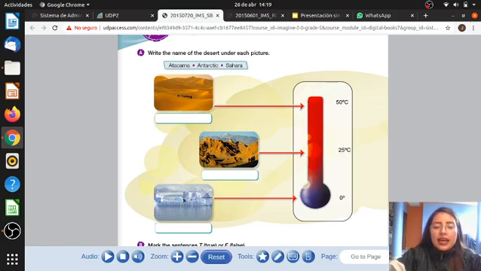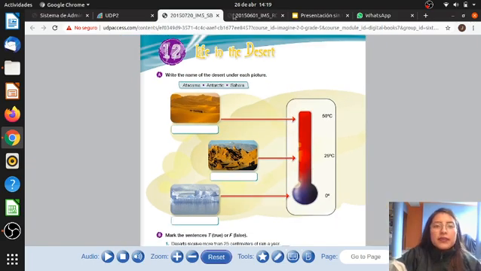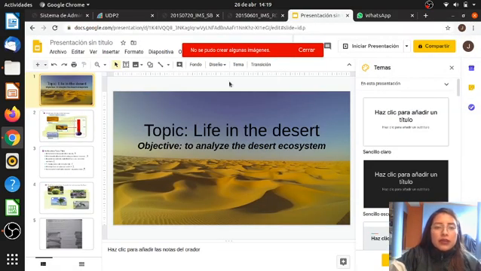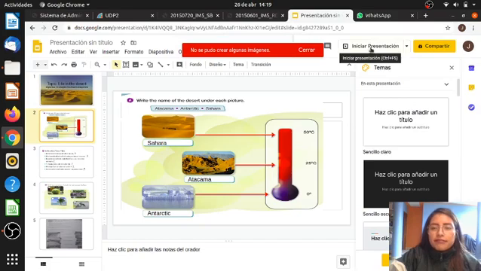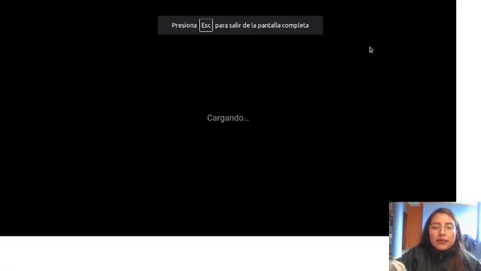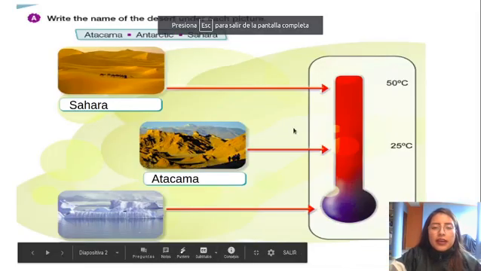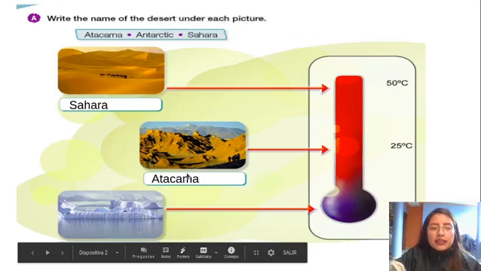Excellent. And the last one, Antarctic is the coldest. Okay, coldest. Es el más frío. 0 degrees. Okay, you can look in the picture the answer. Okay, number 1, number 2, and number 3.